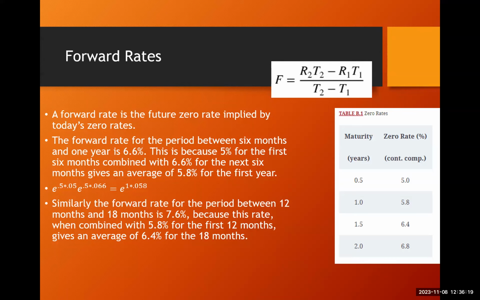Another type of interest rate is the OIS rate, or the overnight index swap rate. The difference between this and LIBOR is that the OIS applies only to interest, while LIBOR applies to interest and principal. And so the credit risk with LIBOR is much more than the credit risk with OIS.